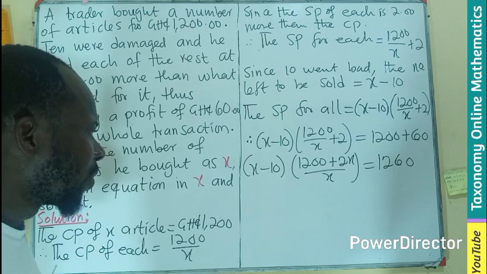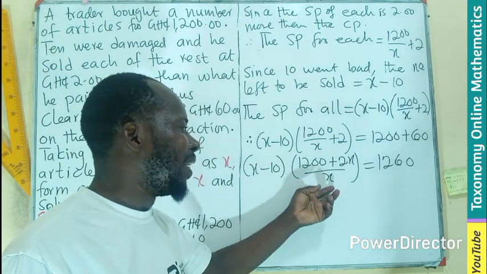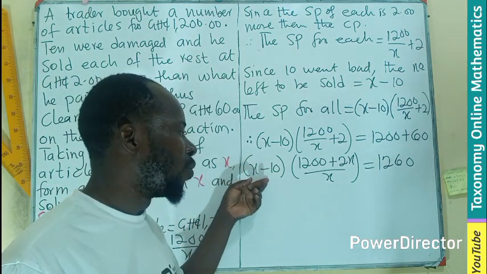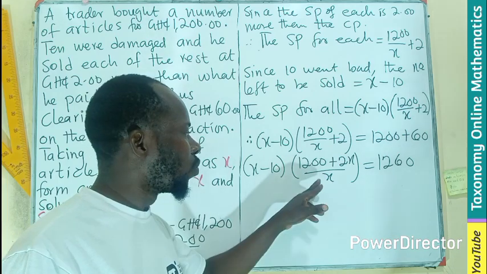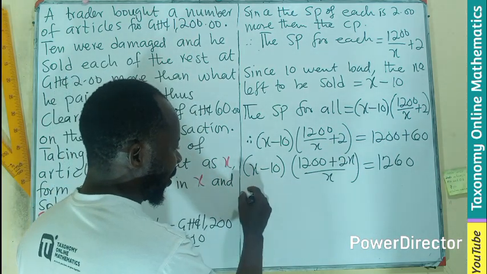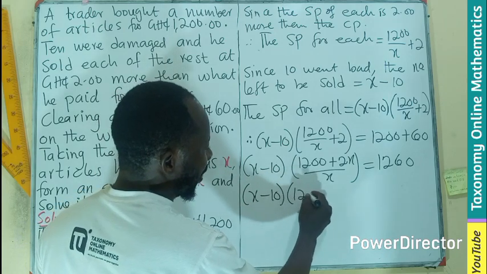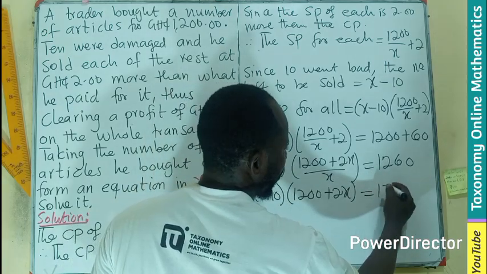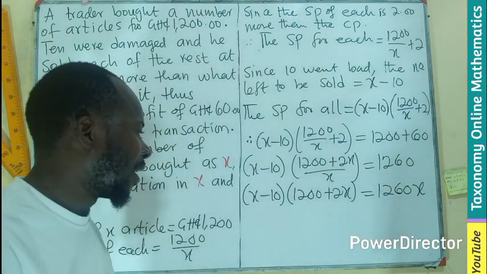1260. Alright? We know that in this case, since they are multiplying, the denominator can be used to cross multiply, because x minus 10 will only multiply the numerator, not the denominator. So this can also go there to multiply. So I should be having (x - 10), (1200 + 2x) equals 1260 times what? x.